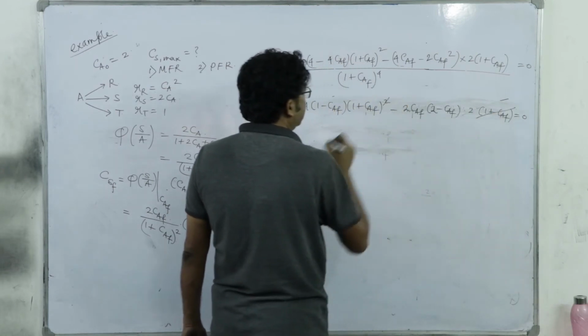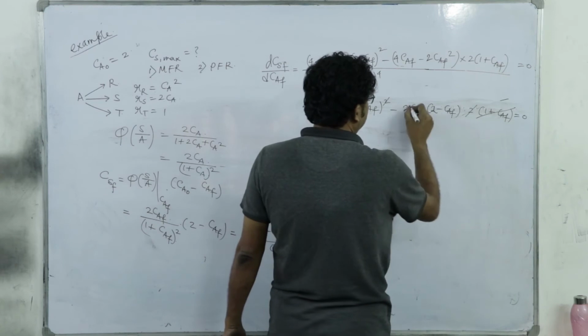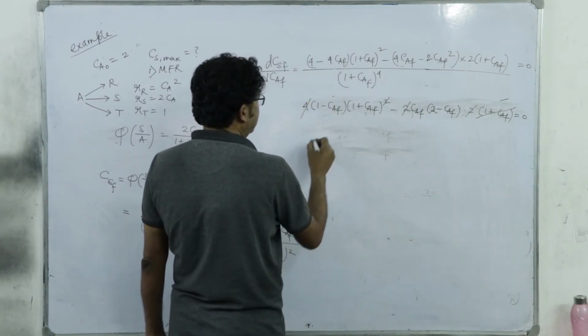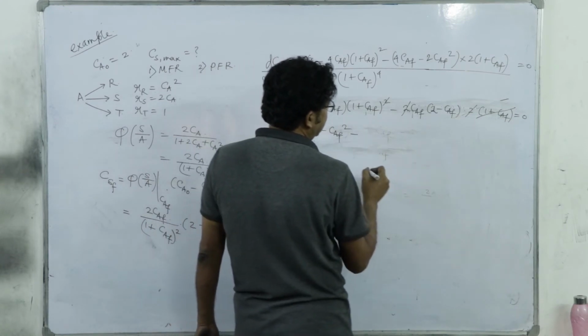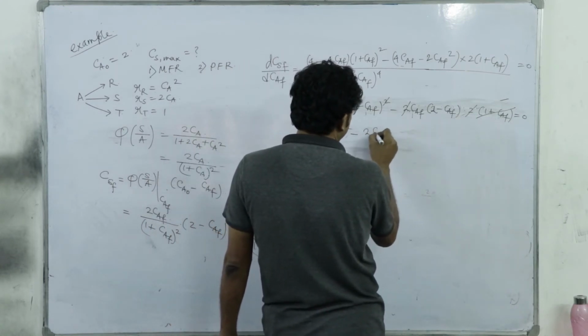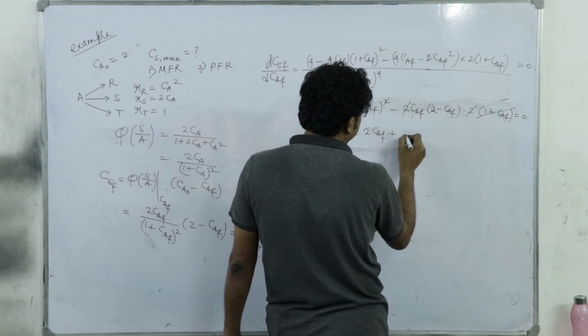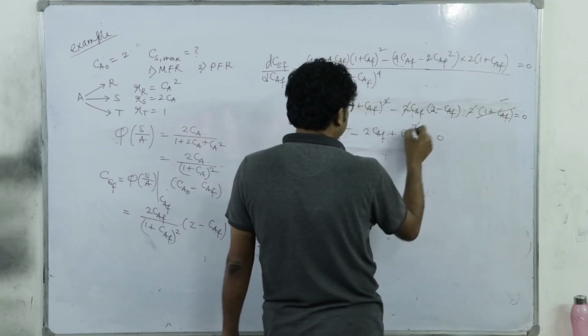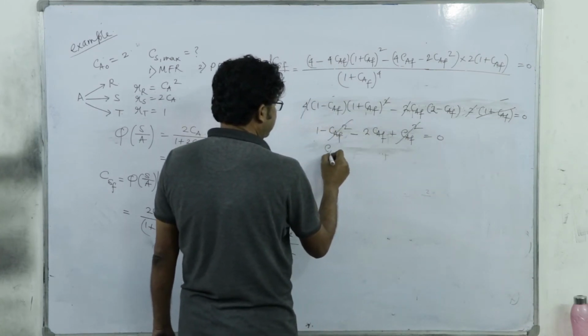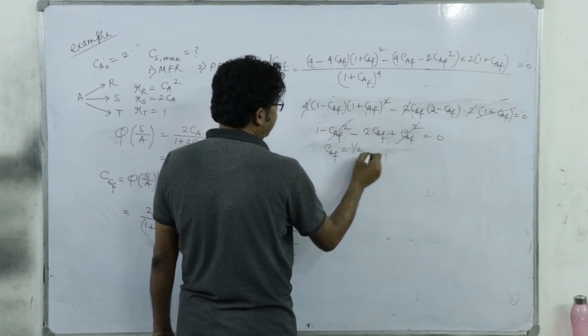So this and this cancel out, and 4 cancels out. So this is (1 minus CAF square) minus 2 CAF plus CAF square, that is equal to 0. So this cancels out, so CAF is equal to half.